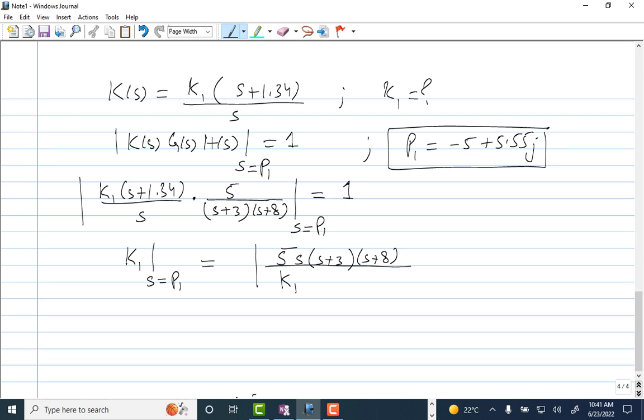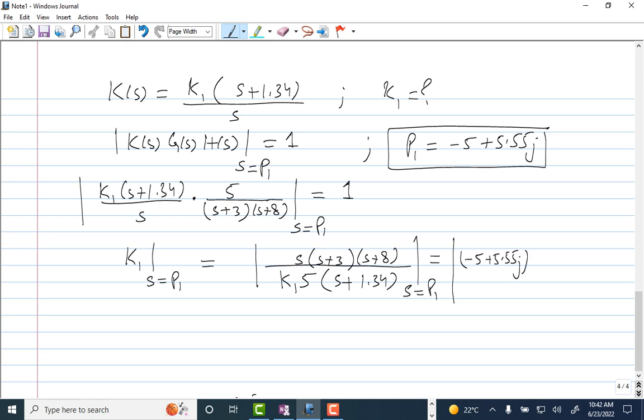Sorry, there's no 5 here. I just have to cross multiply. This becomes, on top, this is in denominator, so it becomes k1 times 5 times s plus 1.34, evaluated at s equal to p1. So just put in the values of s, that is minus 5 plus 5.55j.